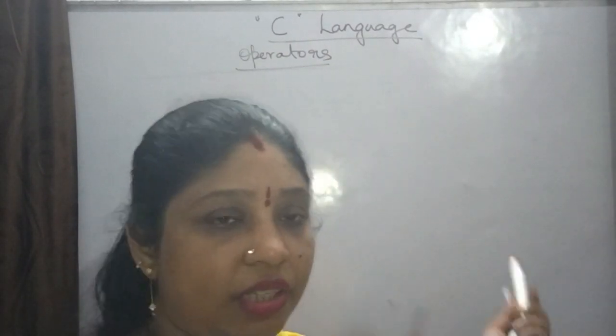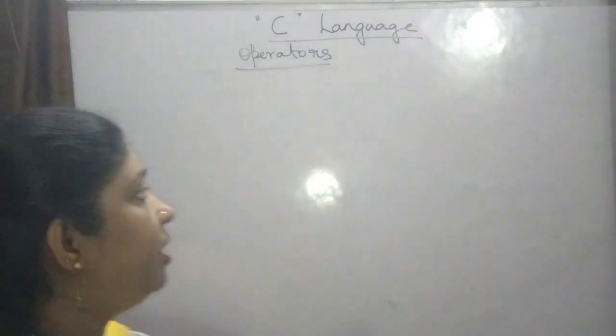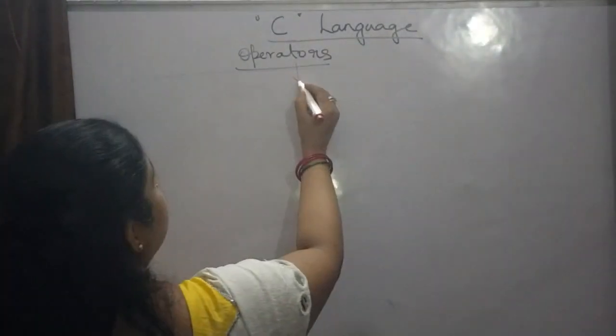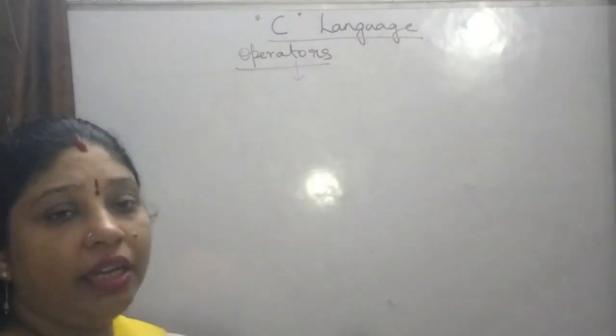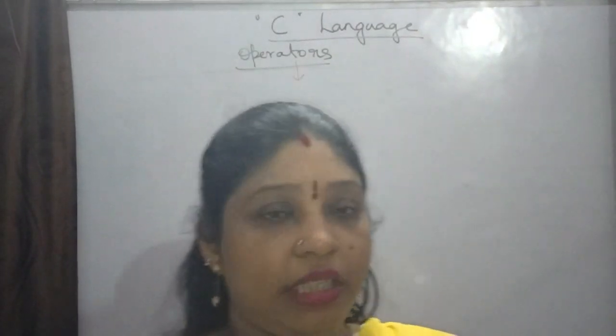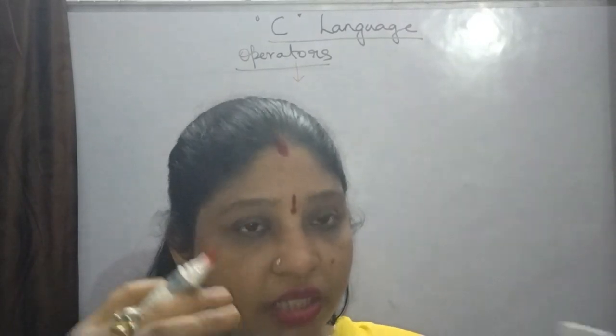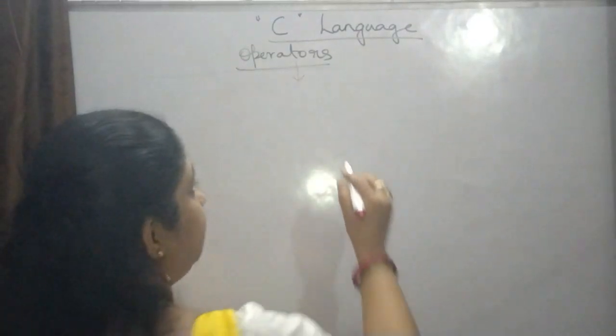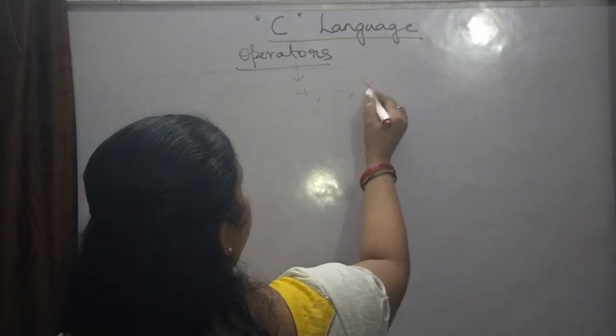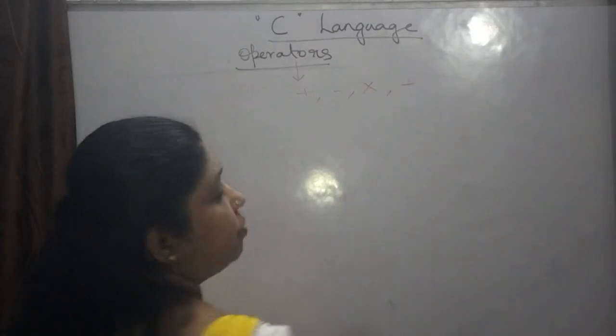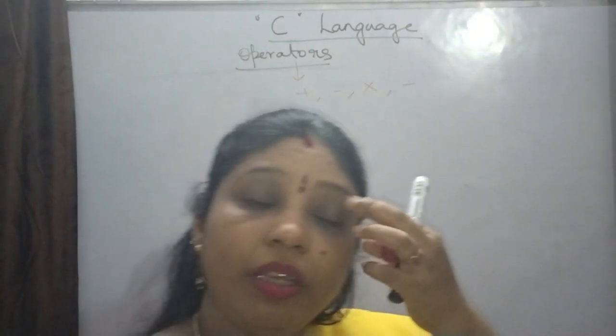But in our C language, an operator is nothing but a symbol. When you give an operator symbol, it might be plus, minus, multiplication sign or division, whatever it may be.